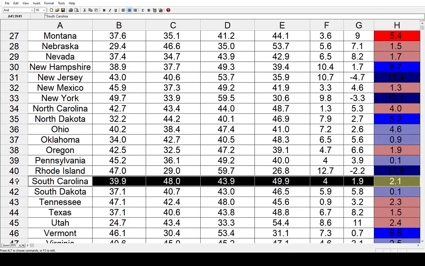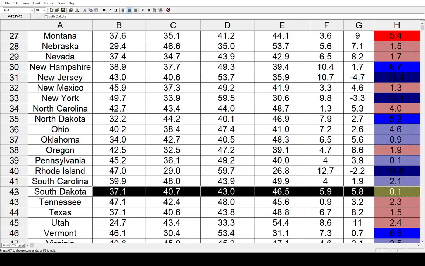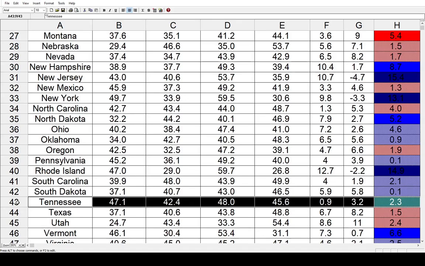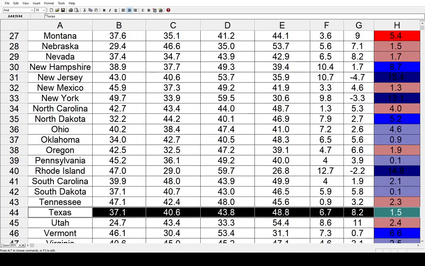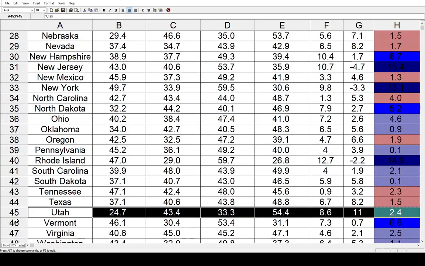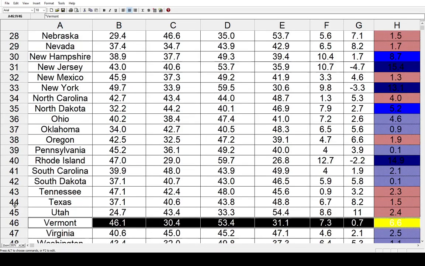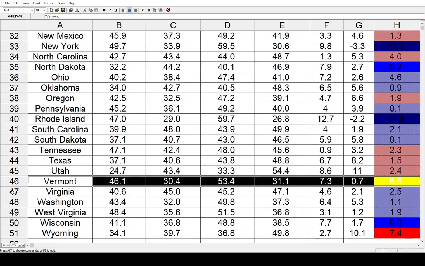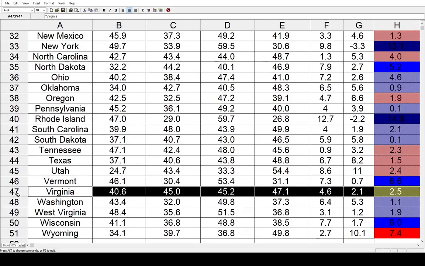South Carolina had a more modest shift toward the Democrats by 2.1. There was almost no change in South Dakota, 0.1% toward the Democrats. Tennessee went toward the Republicans by 2.3. Texas as well by 1.5. Utah went in the same direction toward the Republicans by 2.4. Vermont shifted toward the Democrats by 6.6. Virginia, 2.5 toward the Democrats.